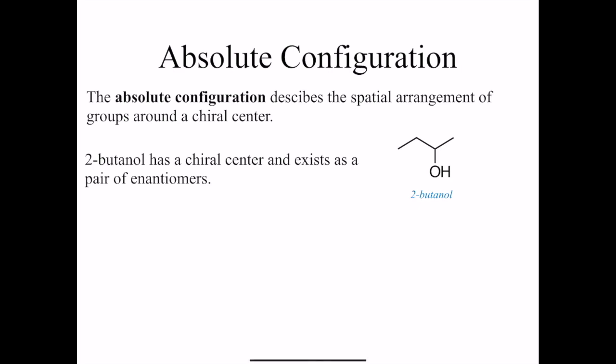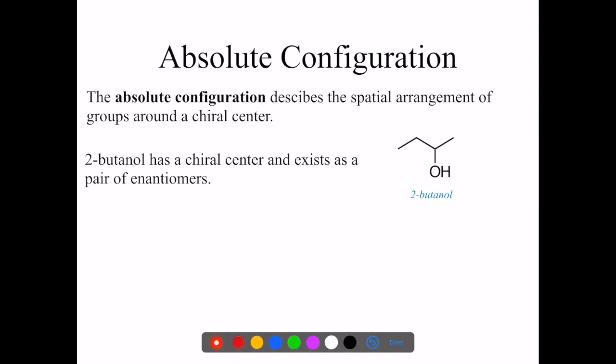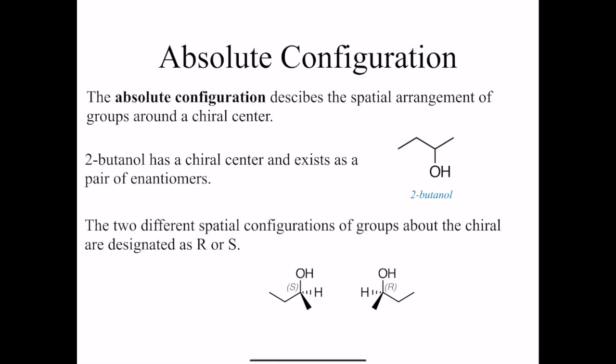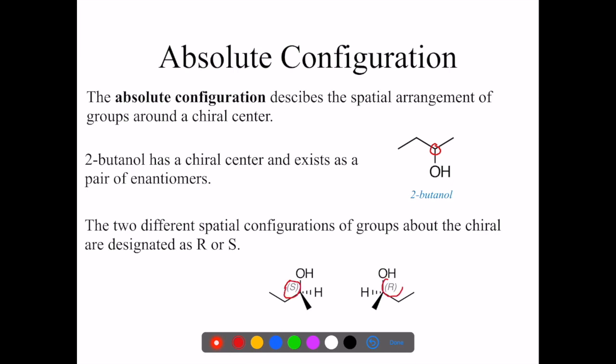So, for instance, 2-butanol has a chiral center. 2-butanol has this chiral center right here. It has a pair of enantiomers with different spatial configurations. So we have what's called the S enantiomer and the R enantiomer. And you can see that these two molecules are mirror images. They are not superimposable.